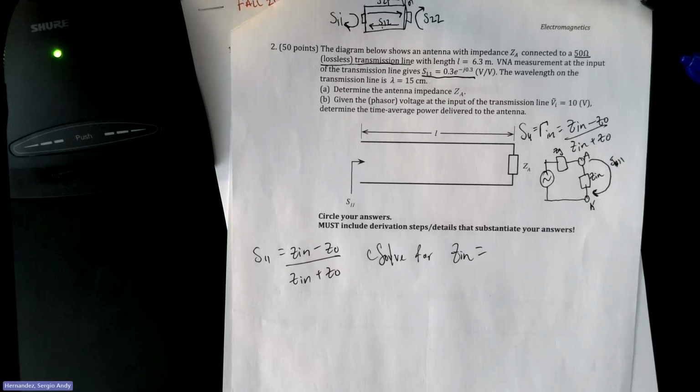It's reliant on ZA. Because in the problem we did before, we shrunk it down to get ZN, and it was dependent on ZL. So from here we're going backwards, right? We're getting our ZN first, and from there we're able to get our ZA.